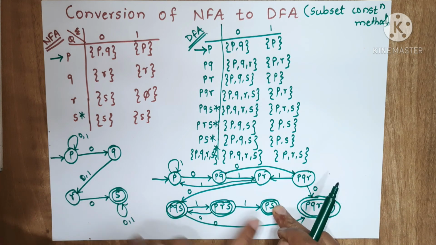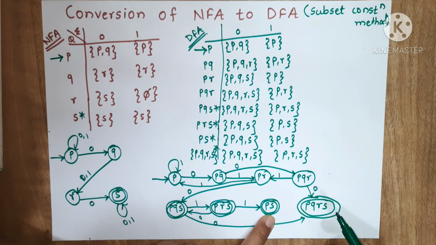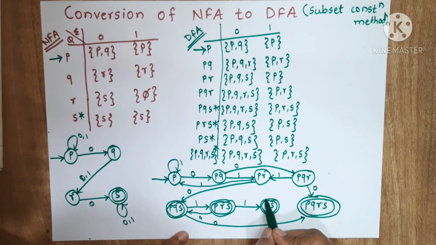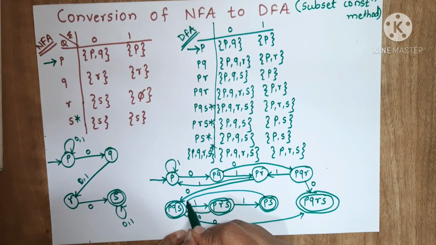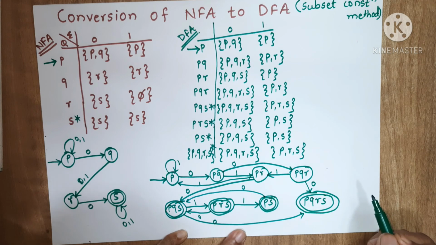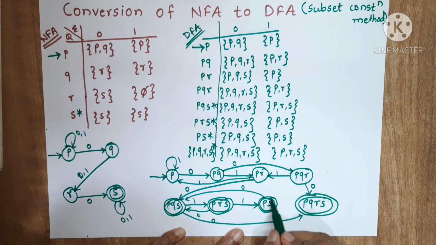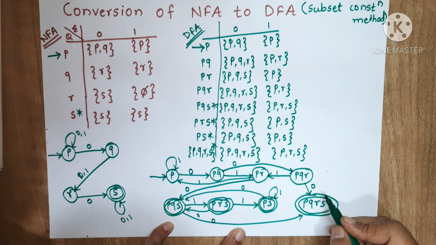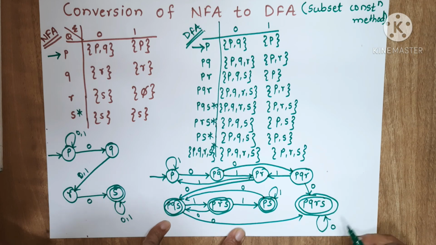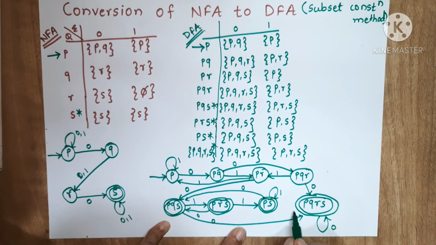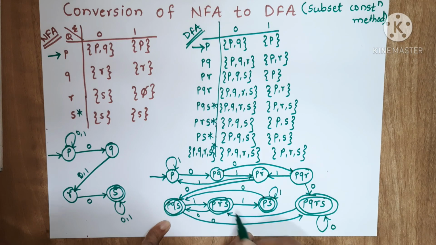Then PS on 0 goes to PQS, and PS on 1 it remains in the same state. And PQRS on 0 remains in the same state, and on 1 it goes to PRS. So this is the state transition diagram for this particular DFA.